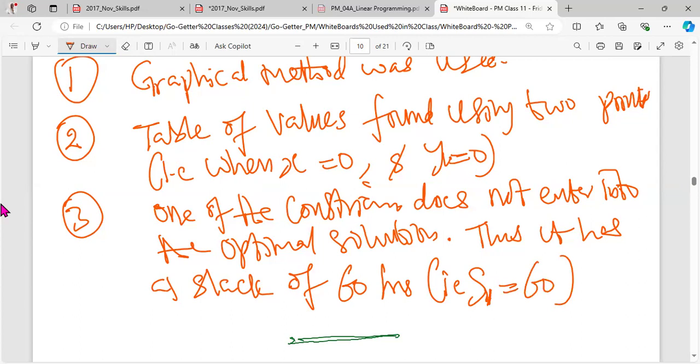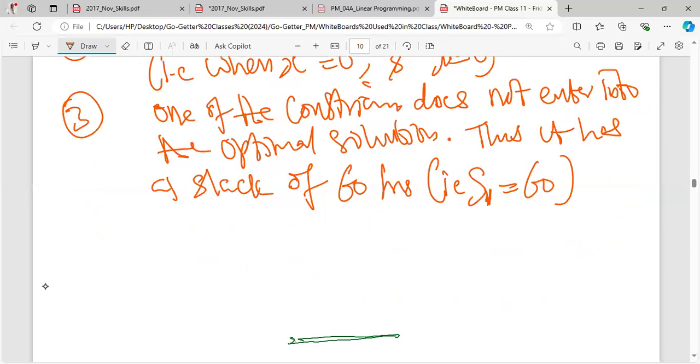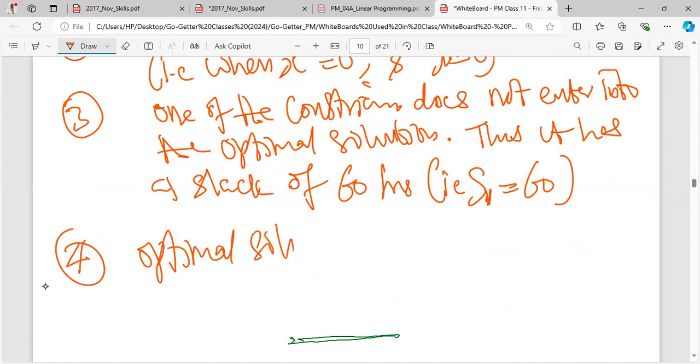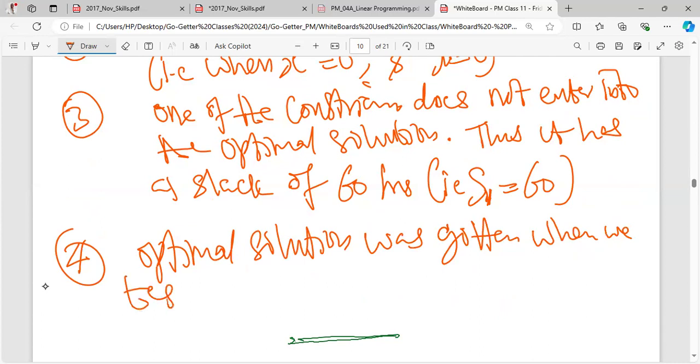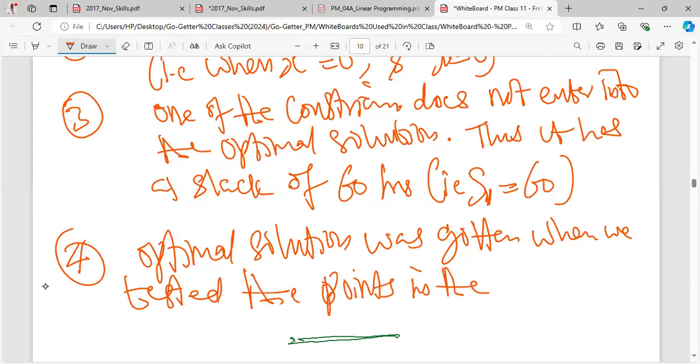Then 4, the optimal solution was gotten when we tested the points in the feasible region.